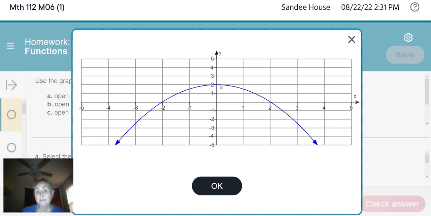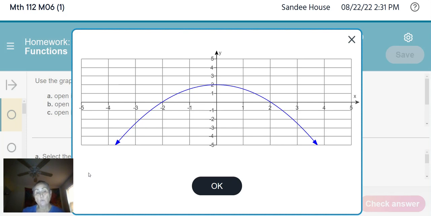So we can depend on this graph to continue to go down and to the right. So it's going to spread out to the right and go down. On its left side, it's going to spread out to the left and go down. Okay, so we don't have to worry about it reversing course because we have to assume that that's what's happening.